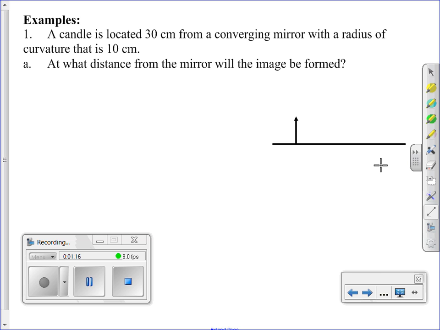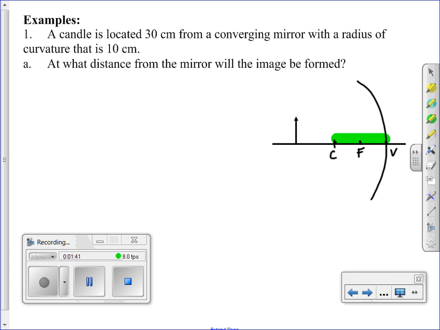So when I have my mirror there, I'm going to make it right about there. And radius of curvature is 10. So this is my center of curvature then, with this distance from the vertex to the center being 10 centimeters. That means my focus is going to be there at 5 centimeters.